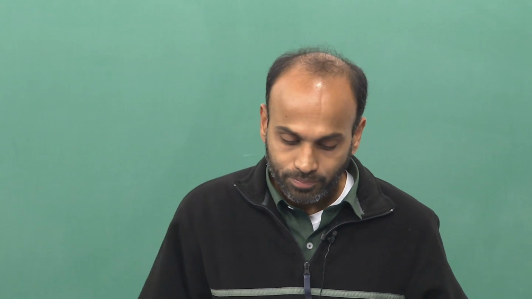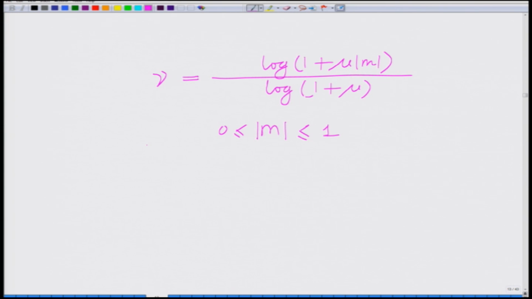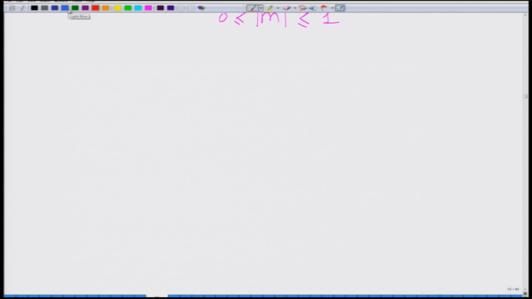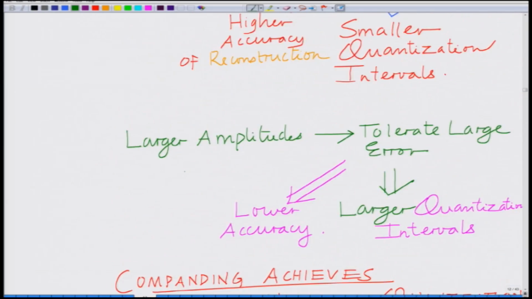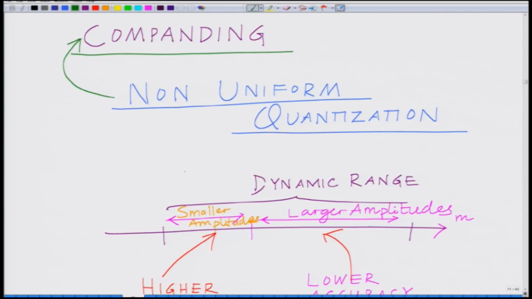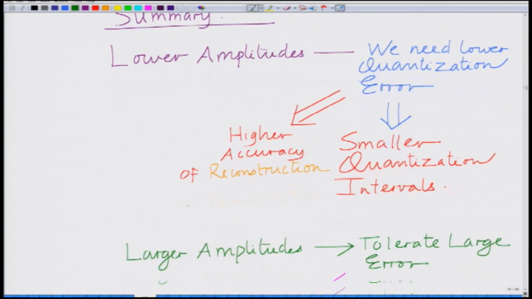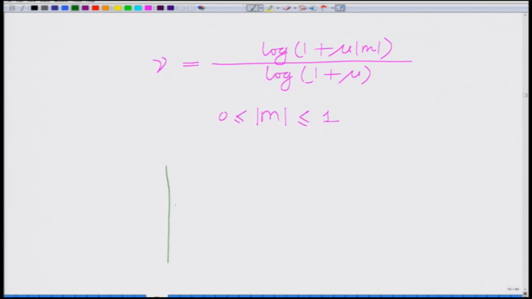Now, this is basically your mu law compressor. If we plot the mu law compressor, this is log of 1 plus mu m.